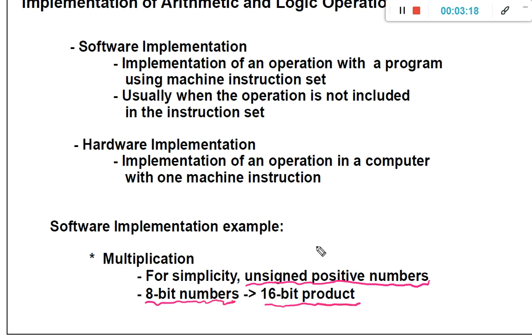If we take more than 8 bits, then the 16-bit register cannot accommodate all the bits, so we will get a garbage value rather than the actual result. That's why we imposed the restrictions of unsigned positive numbers and 8-bit numbers for multiplication, so that the result will be correct.